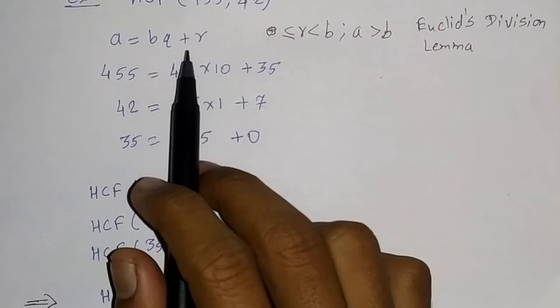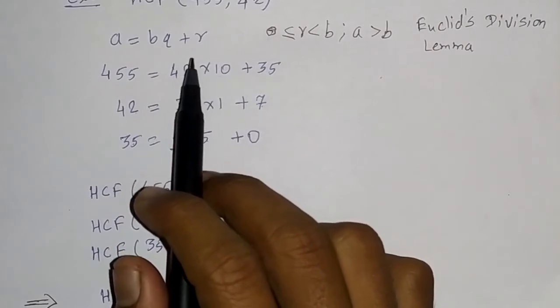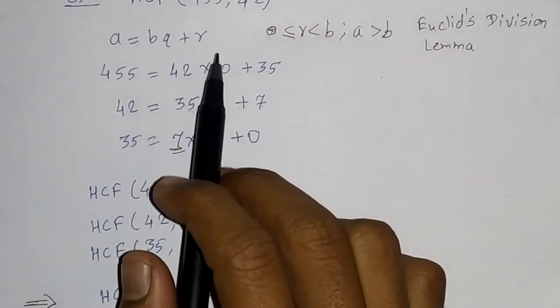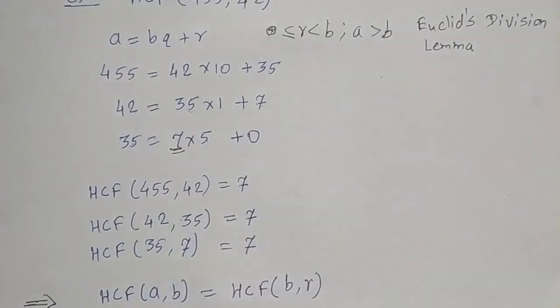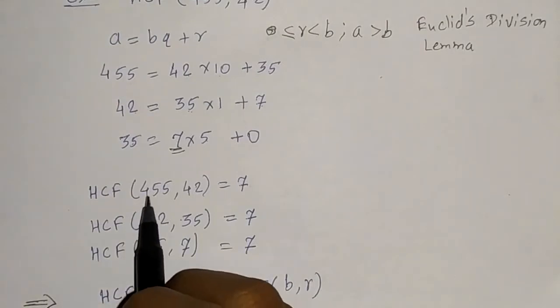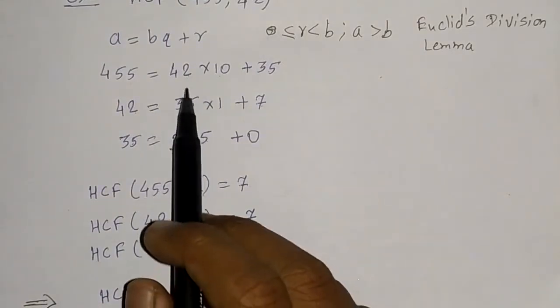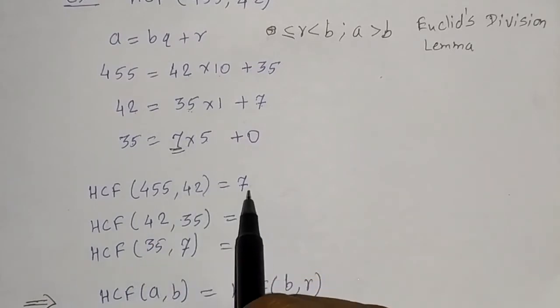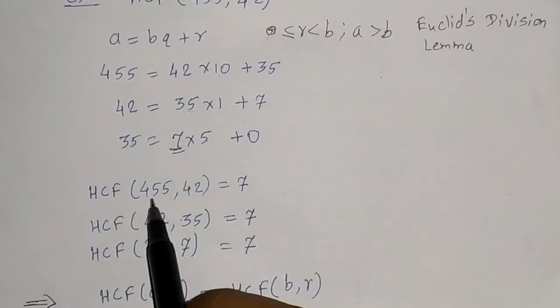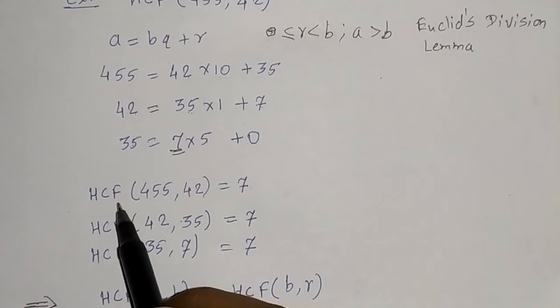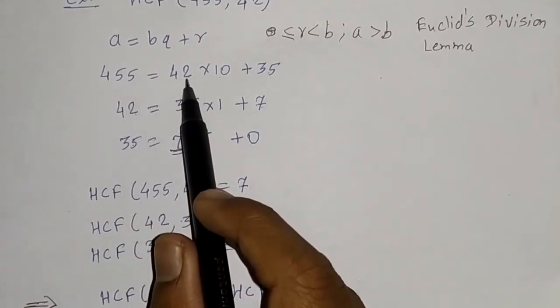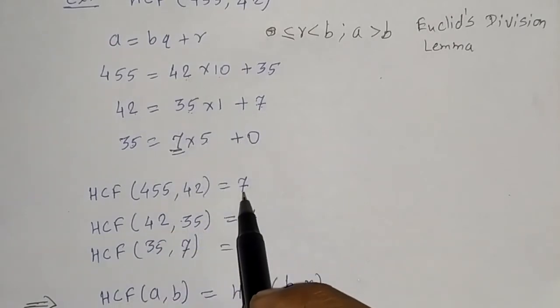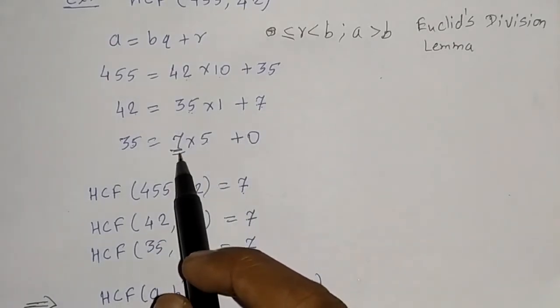If you apply Euclid's division theorem to given two numbers, you will get the HCF. So what is the concept behind this? HCF of dividend and divisor in each step is constant. So if you find the HCF of 455 and 42, it is 7 by Euclid's division theorem.